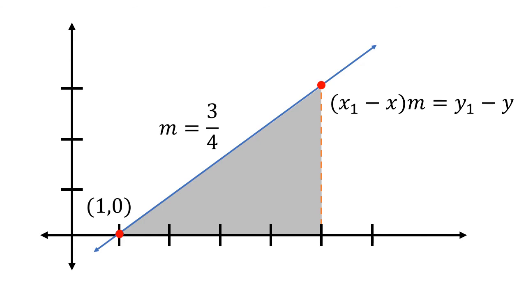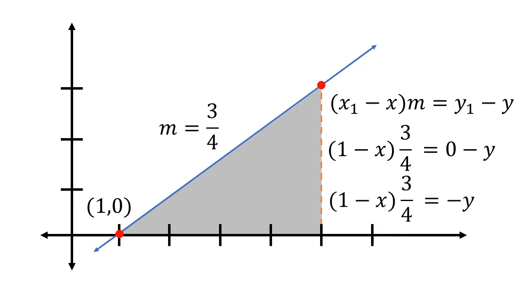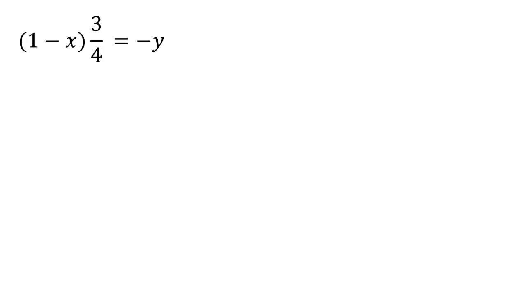Remember, x sub 1 minus x times m equals y sub 1 minus y. So let us substitute the value of x sub 1 and y sub 1 and the slope. This will become 1 minus x times 3 over 4 equals 0 minus y. This will become 1 minus x times 3 over 4 equals negative y.